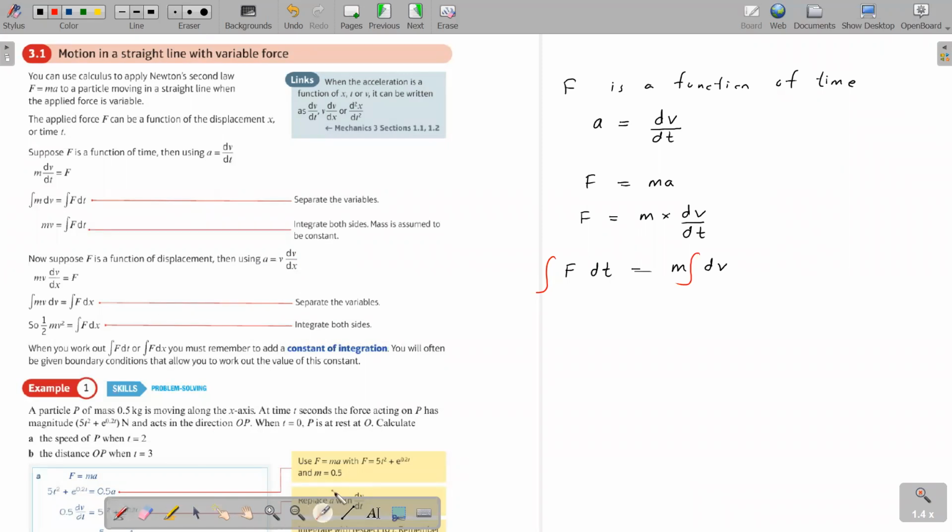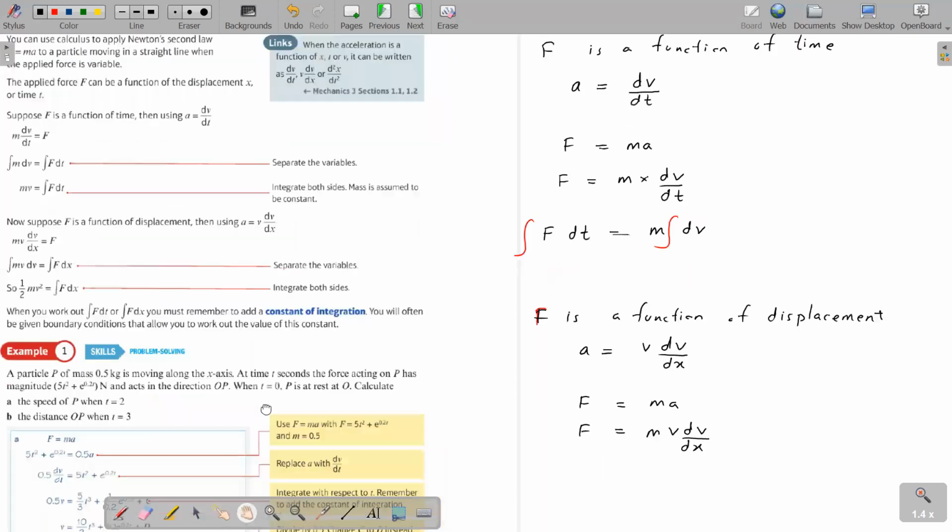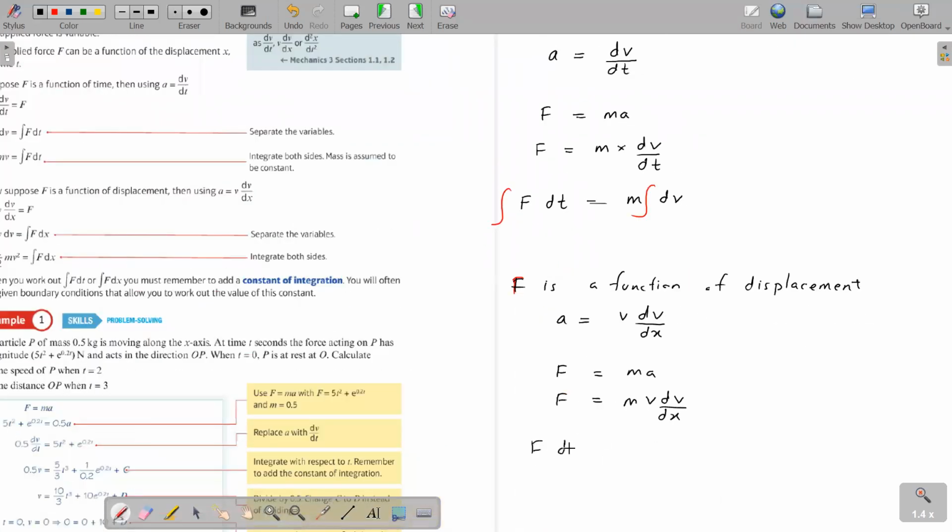So then you write here F equal ma. For acceleration, you use m v dv by dx. And this time your force is a function of displacement. So here you get F times dx equals mv times dv, and you integrate both sides.